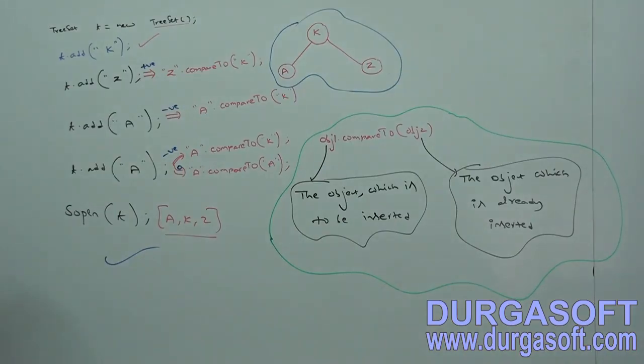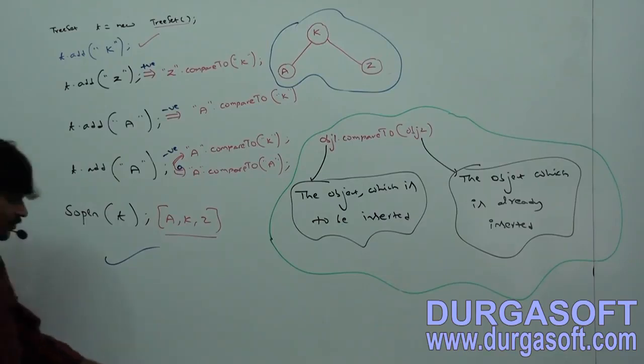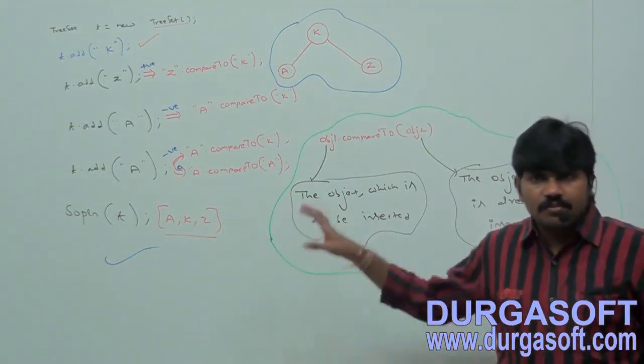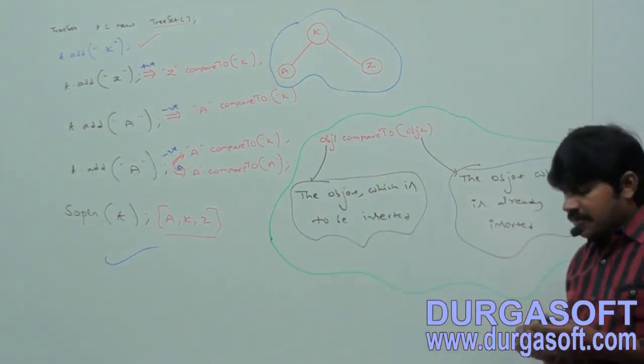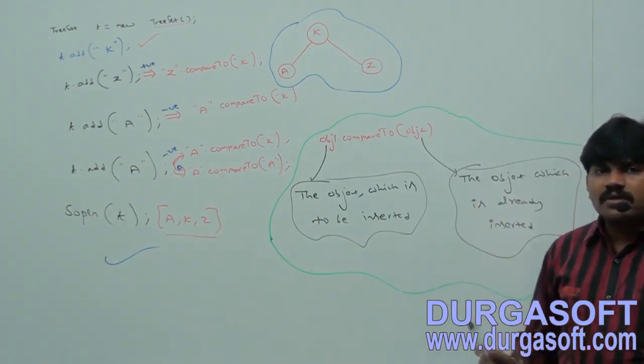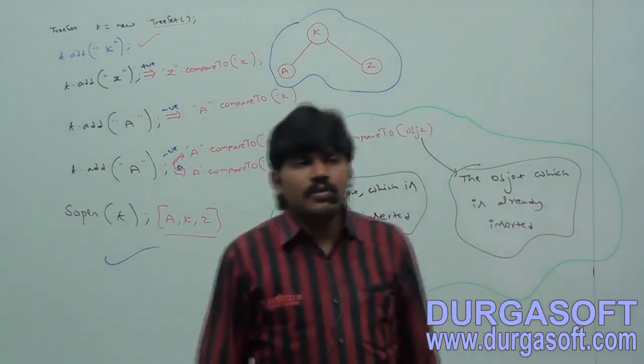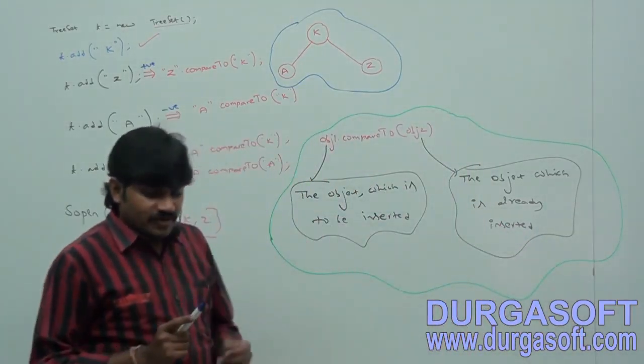obj1.compareTo(obj2): the object which is to be inserted, and the object which is already inserted. Now, do you know, sometimes default natural sorting order is not already available. Best example for that, StringBuffer. Are you getting?